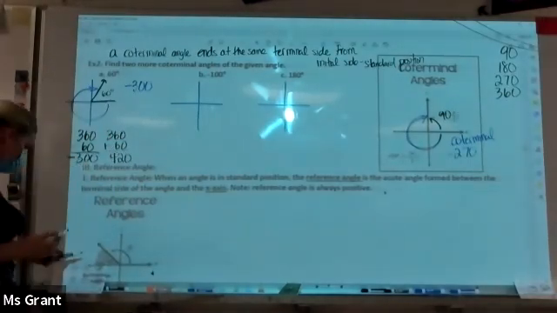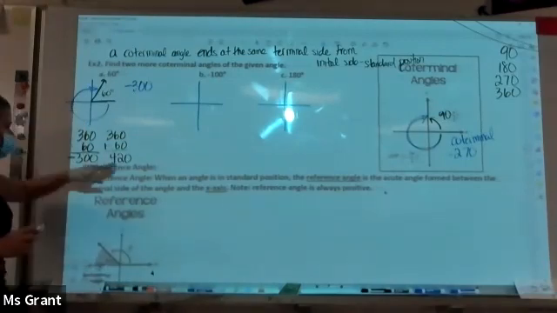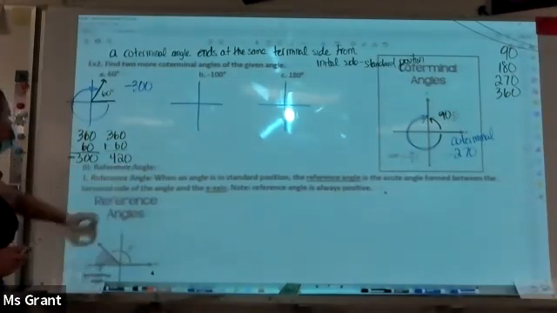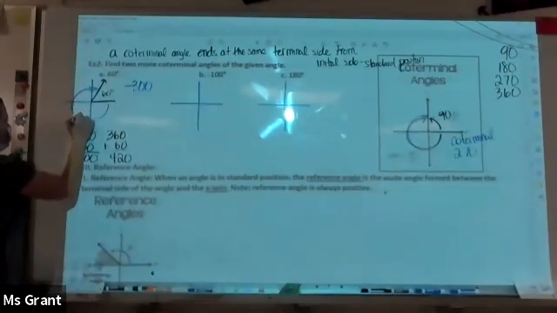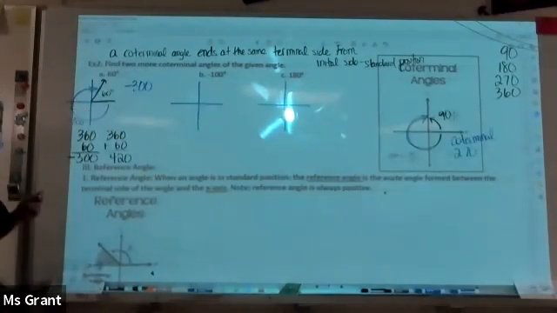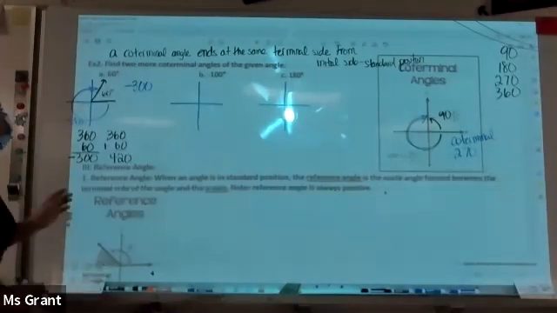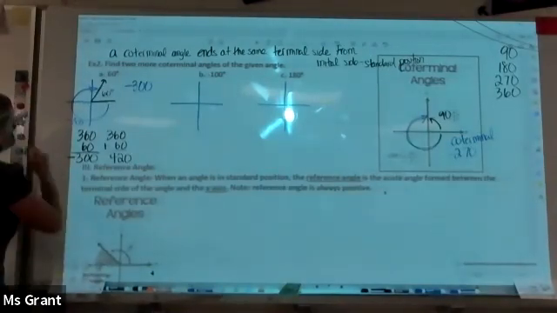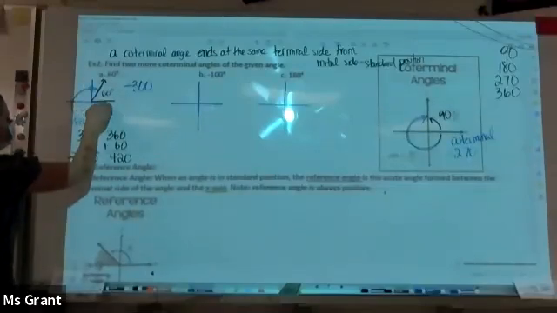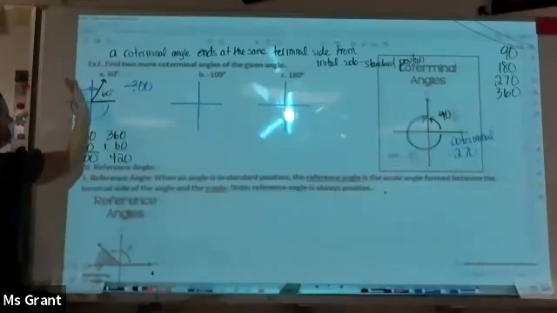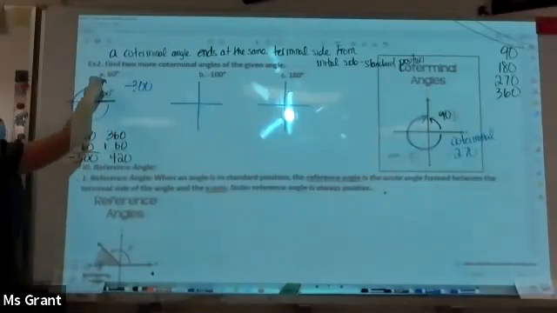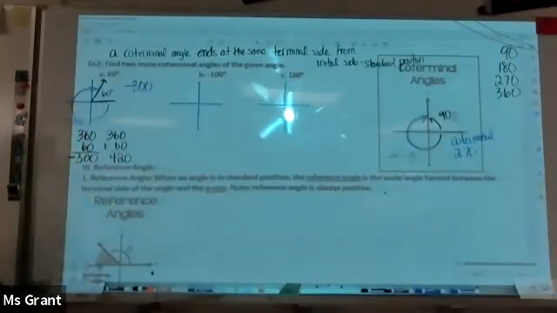Let me tell you where this 420 comes from. Obviously, you know where the negative 300 comes from, because I'm going to the negative. But if I were to go positive, I would go 360 degrees and I'd be back to the beginning and I'd go 60 more. That's where the 420 came from.